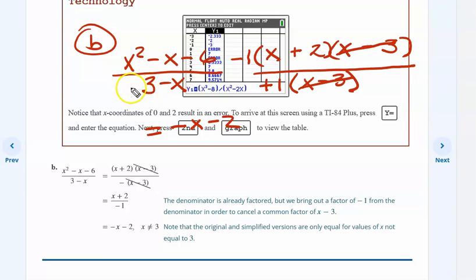Now what we didn't do is equal this to 0 here to find out which value we must exclude when there's a variable in the denominator. So if x were 3, it would make our denominator here a 0, and that is the excluded value.